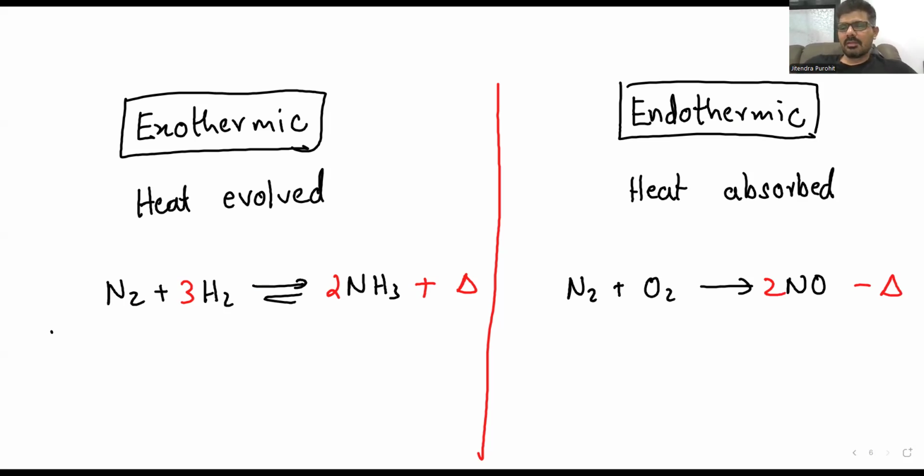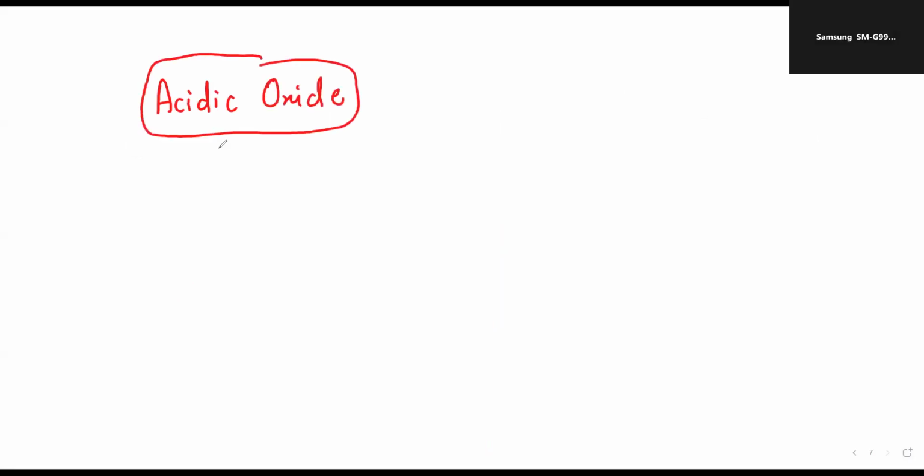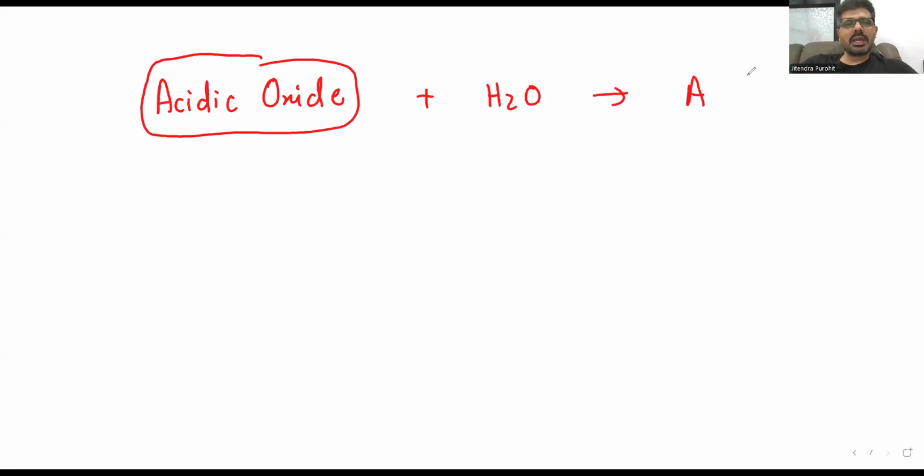Okay. Then a few things you should know. Acidic oxides, they will ask about this. What are acidic oxides? Any oxide which, when you dissolve it in water, will form an acid. So carbon dioxide plus water, you get carbonic acid.